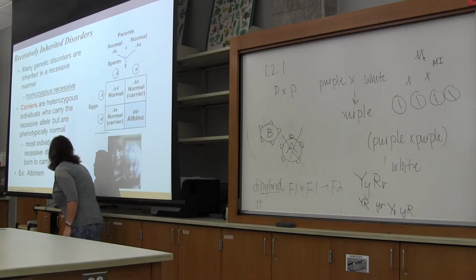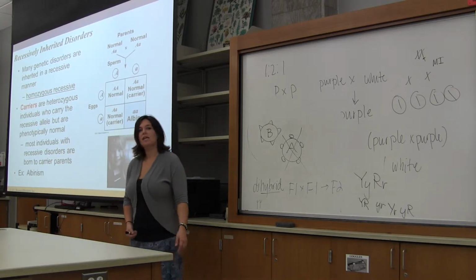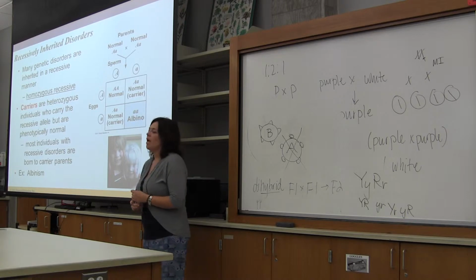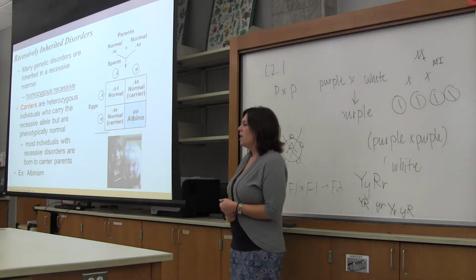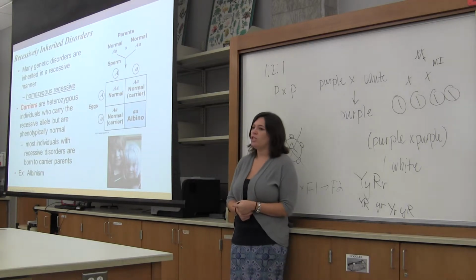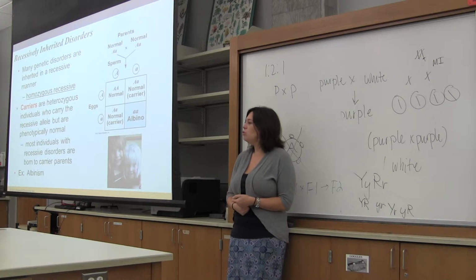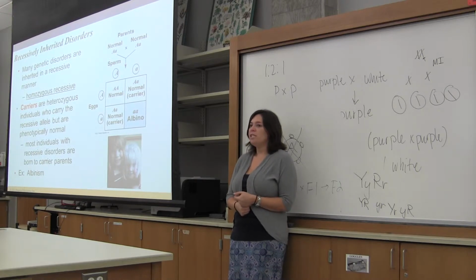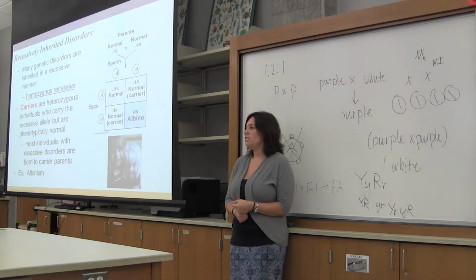And so the last little thing that we're going to talk about is what happens when we inherit recessive alleles that can result in disease. And so a lot of the diseases that are common to humans act in this recessive type manner, meaning that you need 2 copies of a mutant or a mutated gene in order to inherit a disease.